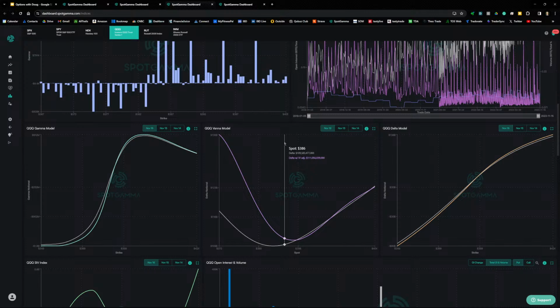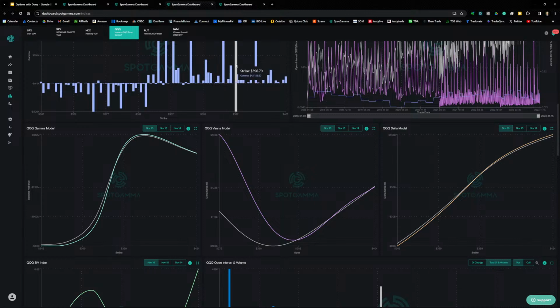And QQQ trading right around 385, so right around that absolute gamma strike, still above the volatility trigger. So if price starts to move lower, and especially moves below that volatility trigger, market makers will have to start selling futures to hedge their delta exposure, and again that could help to accelerate a move lower.